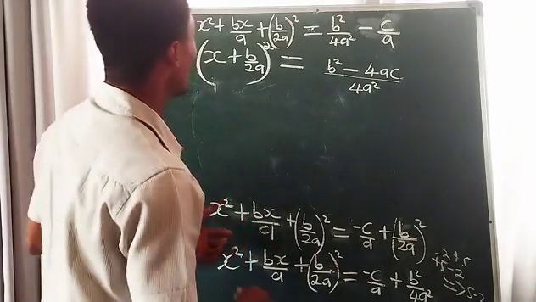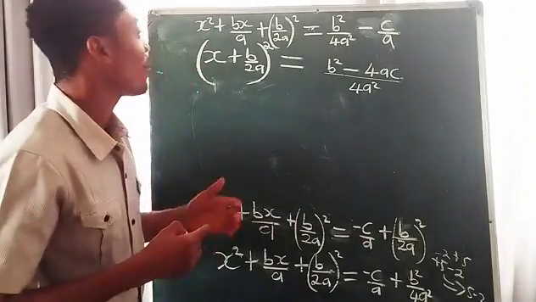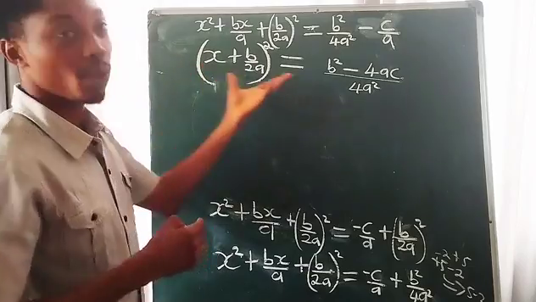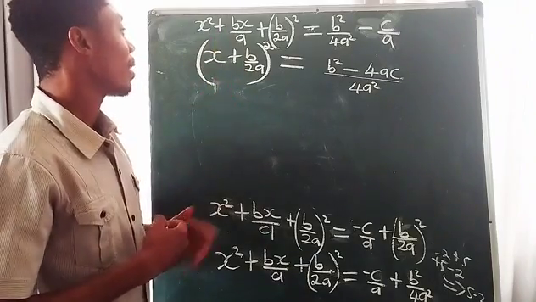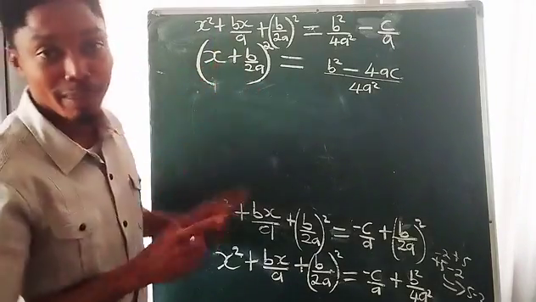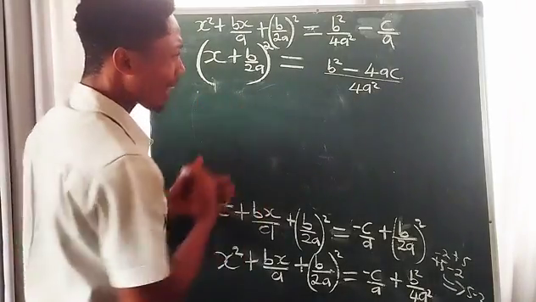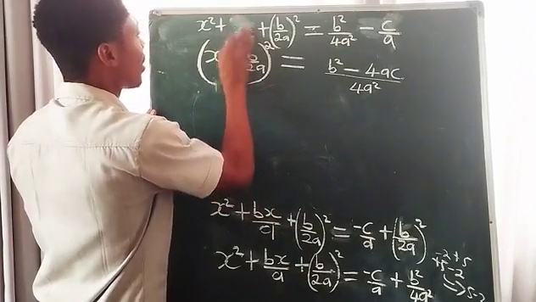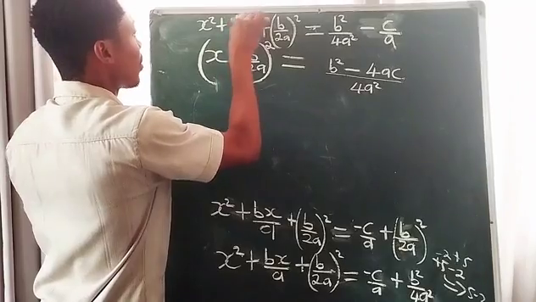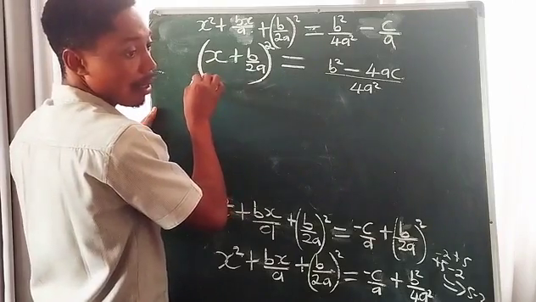All right. So the next thing we're going to do is take the square root of both sides so that we can remove this square that has put these two terms in bracket. So taking the square root of both sides, let me write this well so that it doesn't bring some confusion.